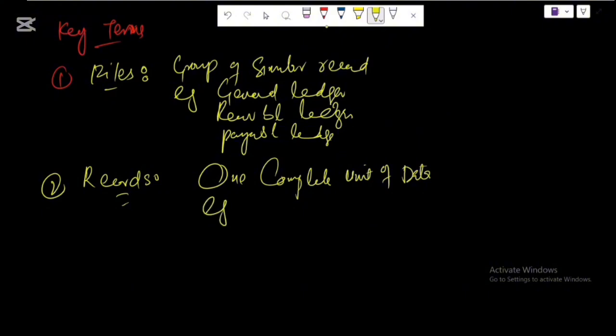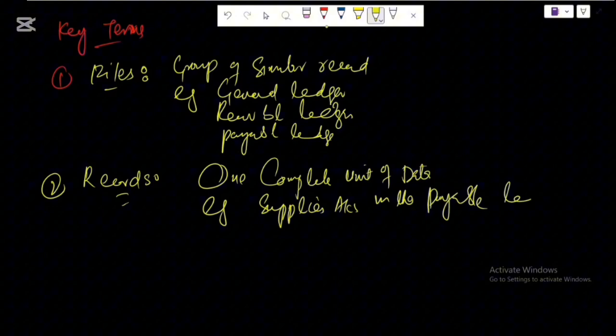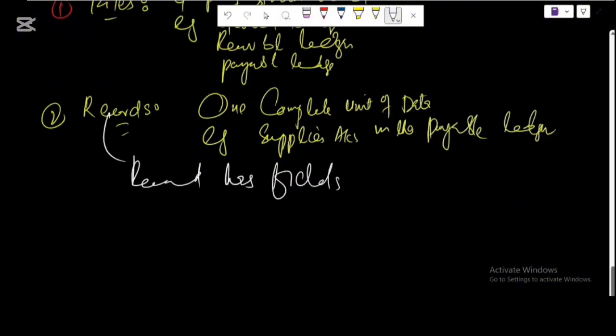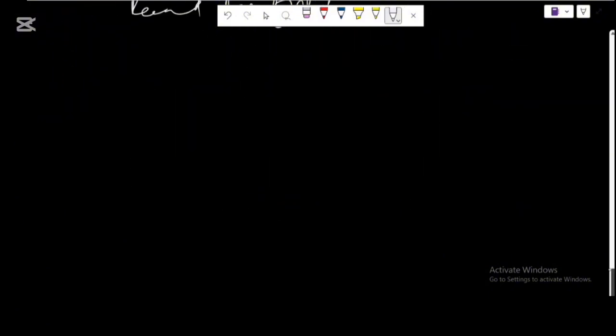For example, you may have saved your supplier accounts in the payable ledger. Okay. You may have other types of records, and these records have some fields. Records have fields. By field, what do we mean? Let me discuss this.